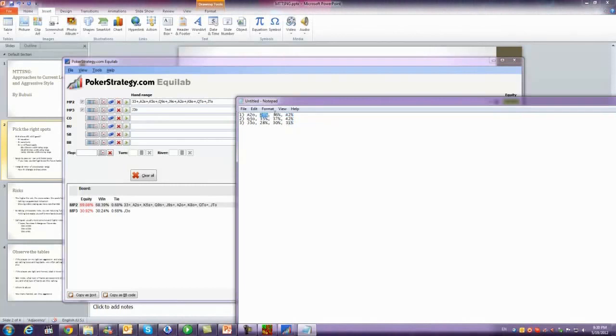So when people are calling this tight, shoving queen jack off is better than ace deuce off. But when people are calling wide, shoving ace deuce off is pretty much the same as shoving queen jack off. Queen jack is really low sensitivity compared to ace deuce off, because it's in a really high equity range regardless of people's calling.